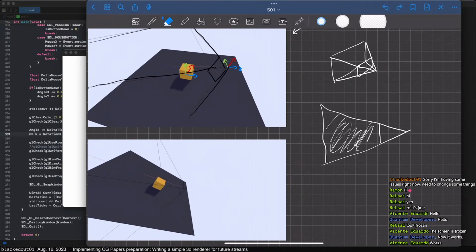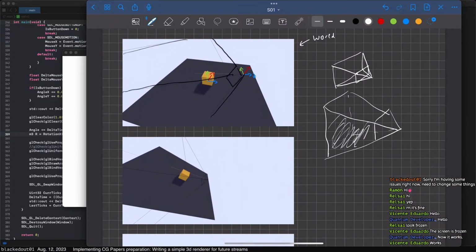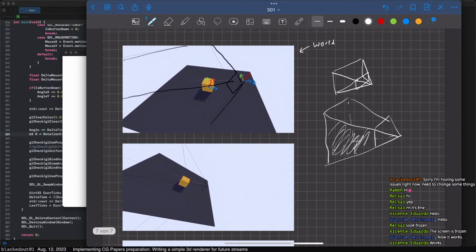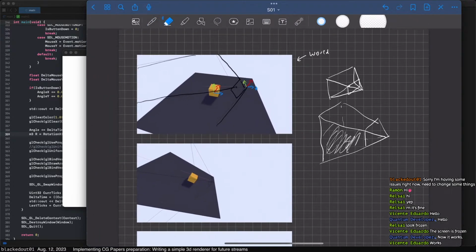Yeah, it's a truncated pyramid. I don't know how to pronounce that. And in 3D it would look something like this. So those are the two components of the camera.